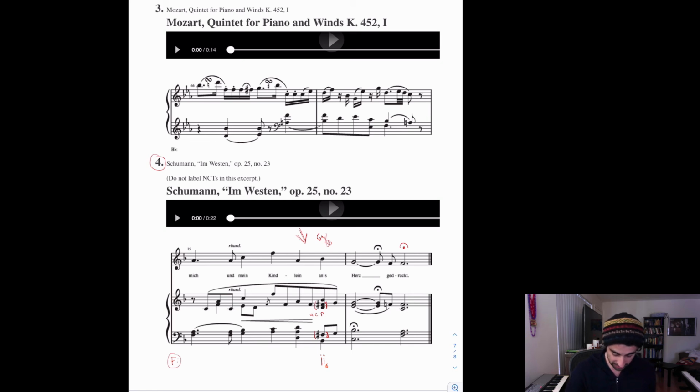Here we have C, B flat, E, and G. This is in fact a C7 chord, and here we have F, A, C, and F. This is an F major chord, so this is indeed a 5-7 to 1 resolution, which also means that this is a closed cadence, an authentic cadence.